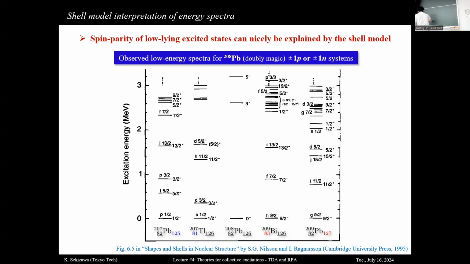As we learn in this lecture, the density distribution is constant inside the atomic nucleus, and it drops suddenly at the surface.